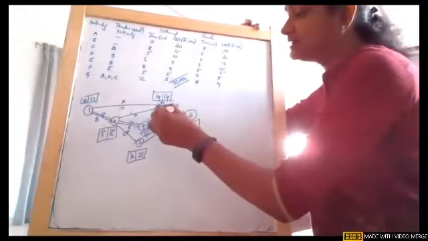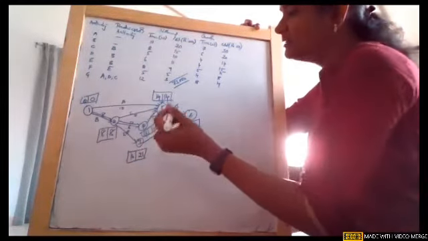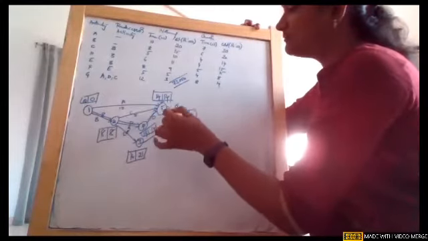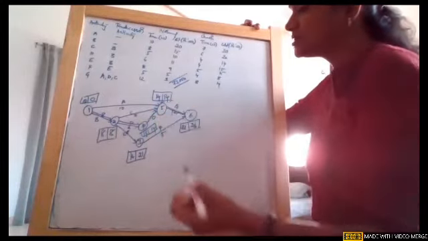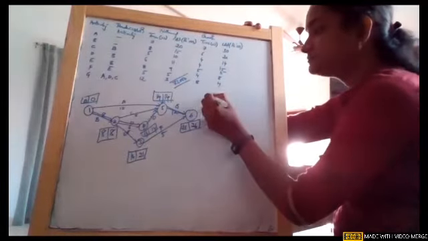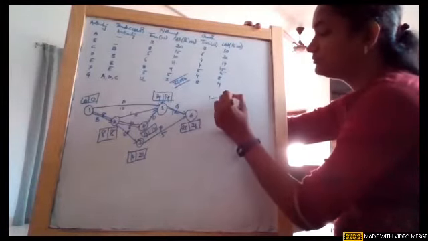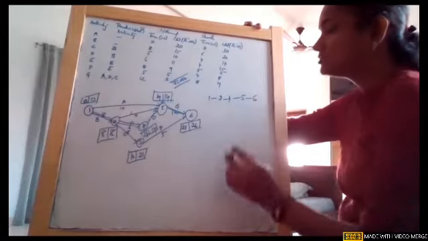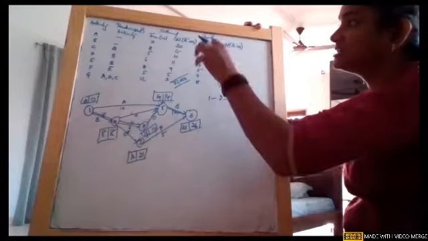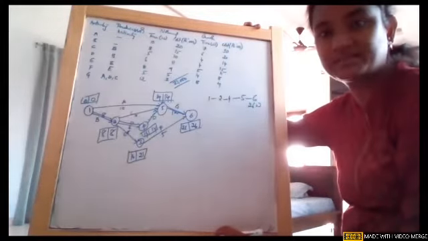So 1 to 2, 2 to 4, 4 to 5 and 5 to 6. So this is our critical path, 1 to 2 to 4 to 5 to 6, and the duration is 26 weeks. Our duration is in weeks.